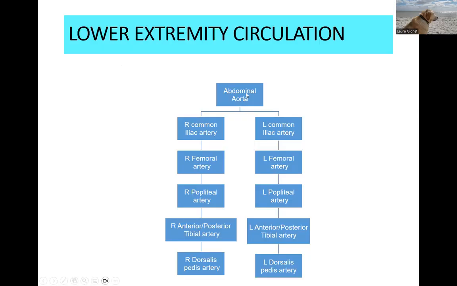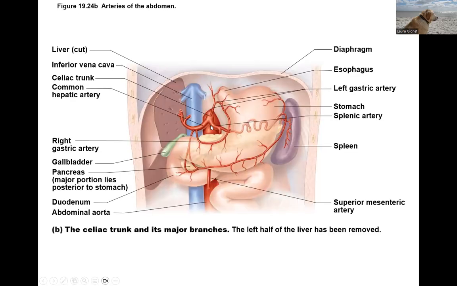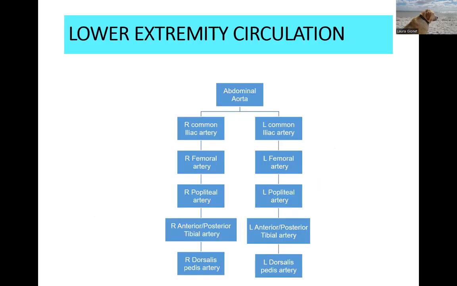Okay. So from the abdominal aorta, after we've given off these particular branches, we're going to go down to the bottom here where it says the abdominal aorta. All right. And we're going to follow it. Now it's going to bifurcate into a right and left common iliac artery. When it says common, it means it's going to further branch.